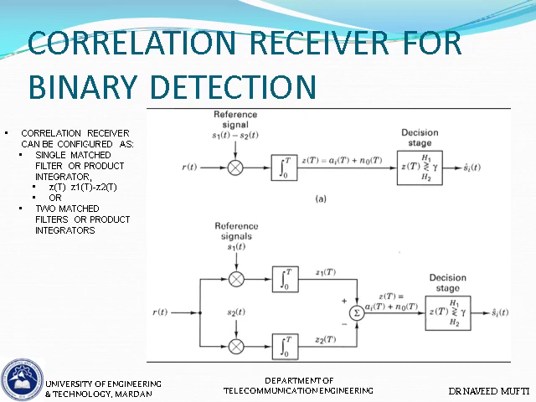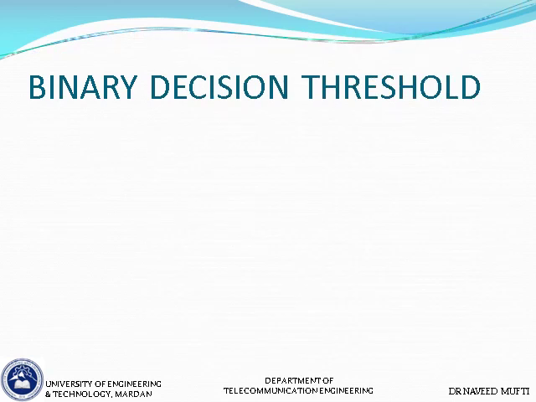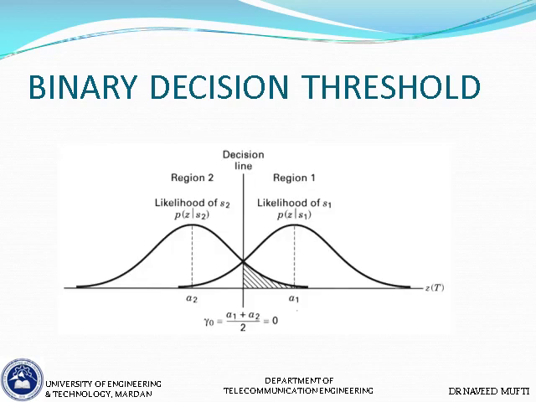So coming over to the discussion on the binary decision threshold. We have looked at this curve previously as well. This figure illustrates two conditional probability density functions, p(z|s1) and p(z|s2), with mean values of a1 and a2 respectively. These PDFs are also called the likelihood of s1, this one is the likelihood of s1, and the likelihood of s2.